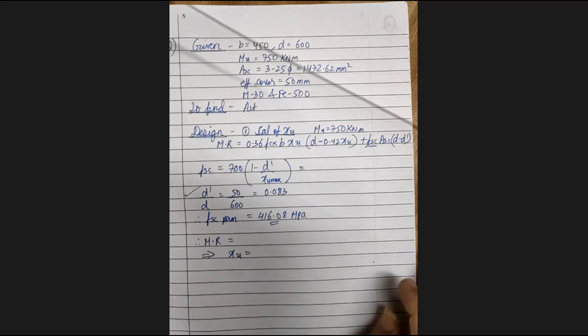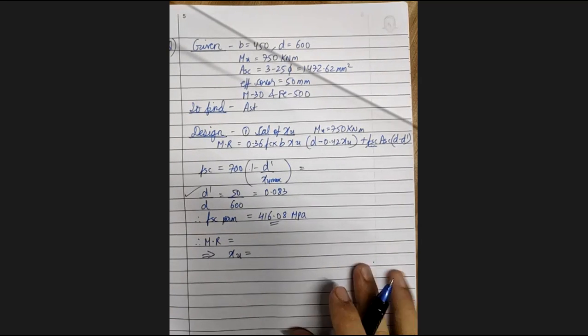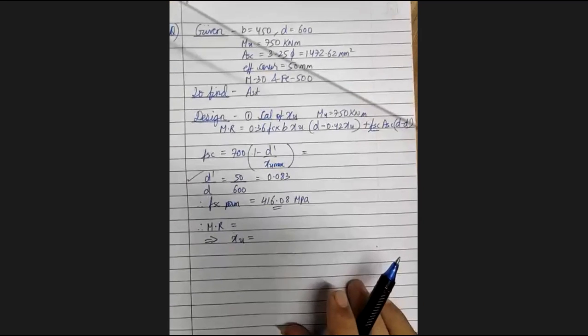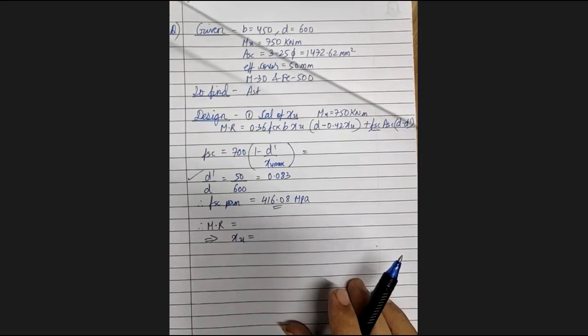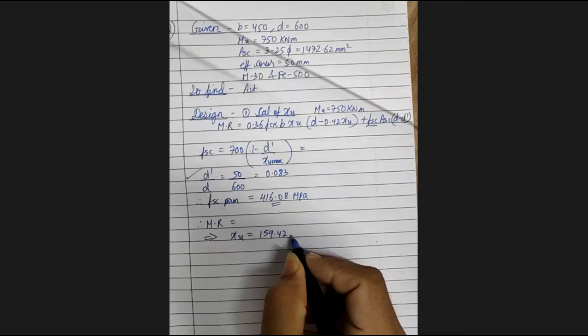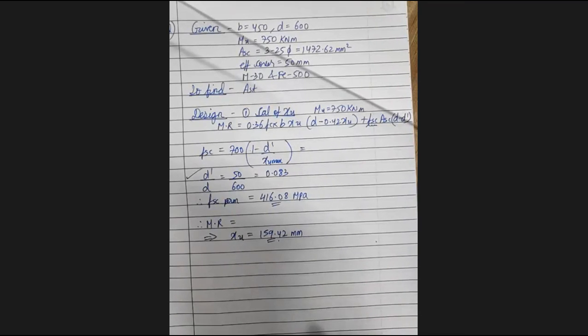XU value, anyone? Do you want me to write all these values also? 159.42. So XU is 159.42. I hope others are also getting this value.